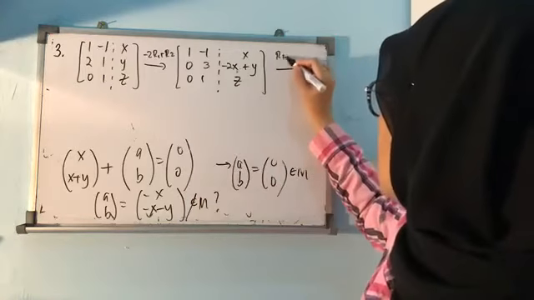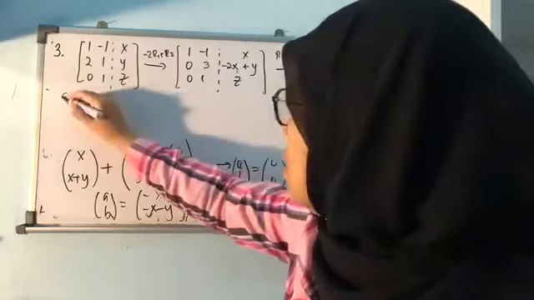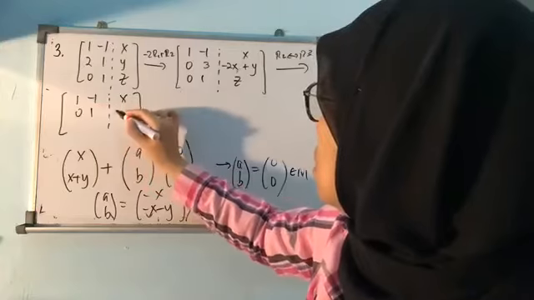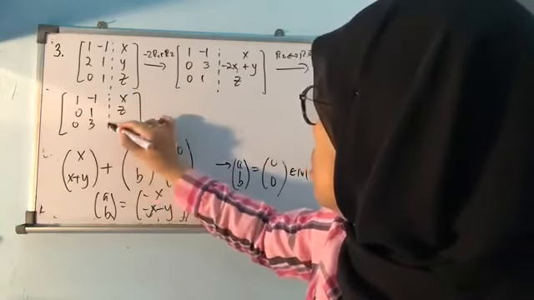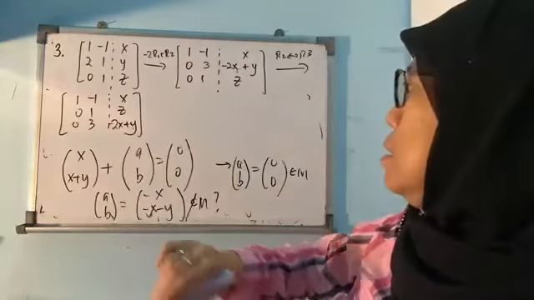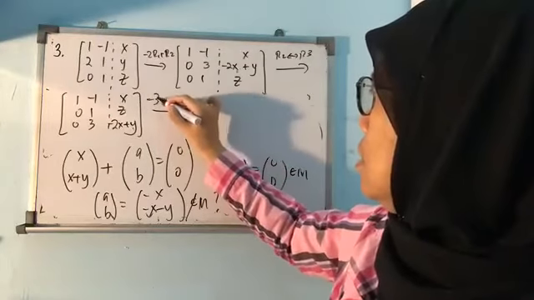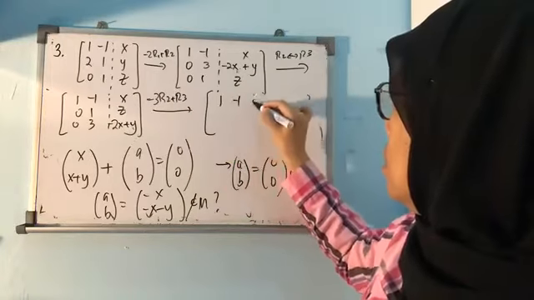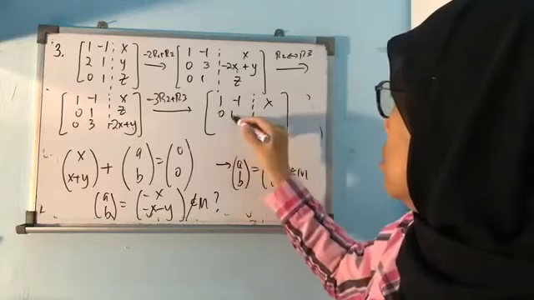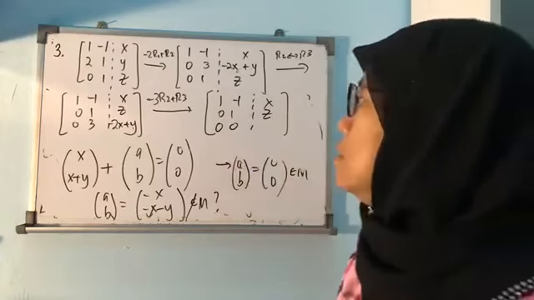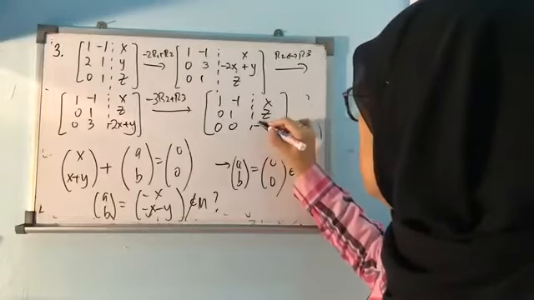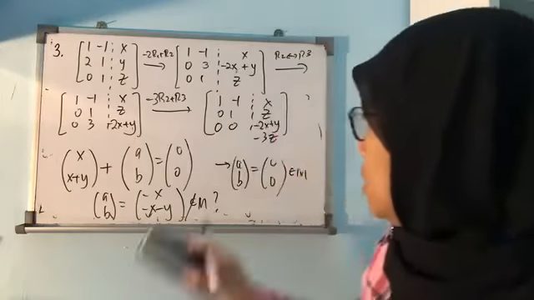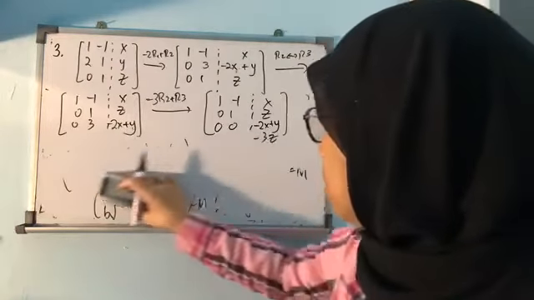Swap R2 and R3. So you have 1, negative 1, x, 0, 1, z, 0, 3, negative 2x plus y. One more, negative 3 R2 plus R3. 1, negative 1, x, 0, 1, z, 0, 0, negative 3, negative 2x plus y minus 3z. Right, so that is your span.